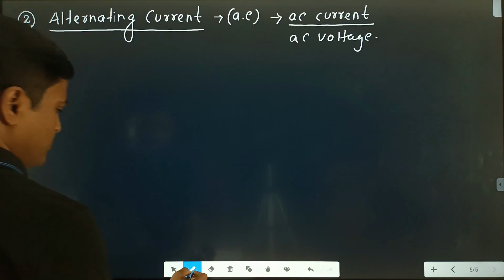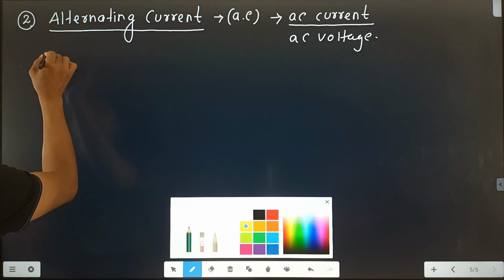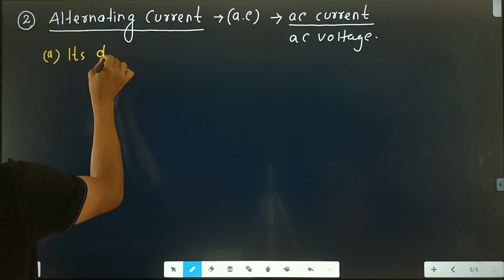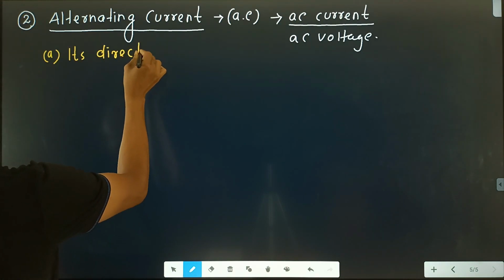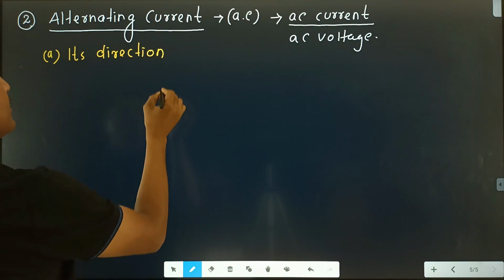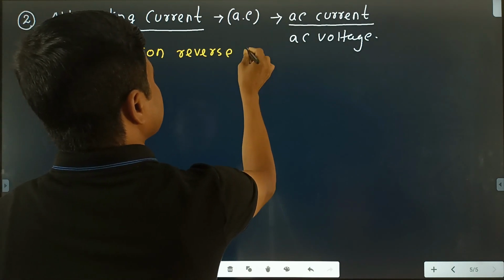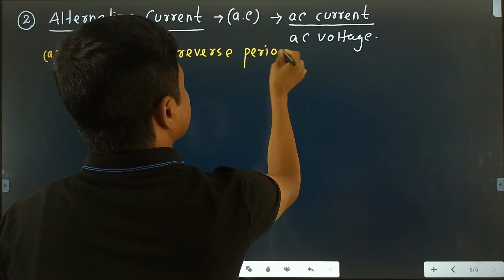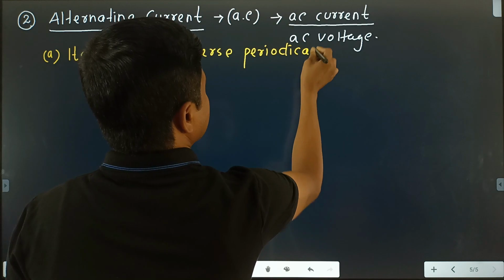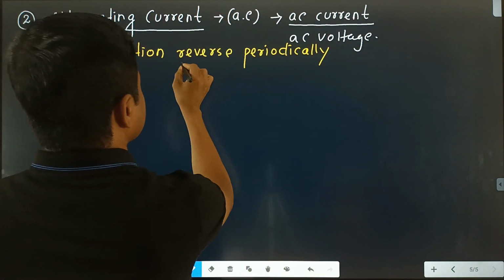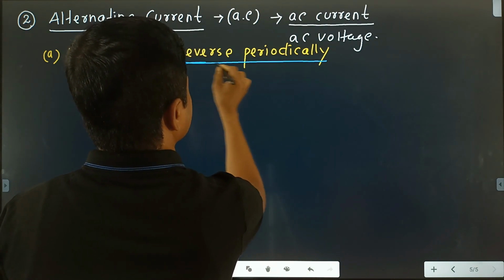Clear? And alternating current means, first thing, its direction reverses periodically.